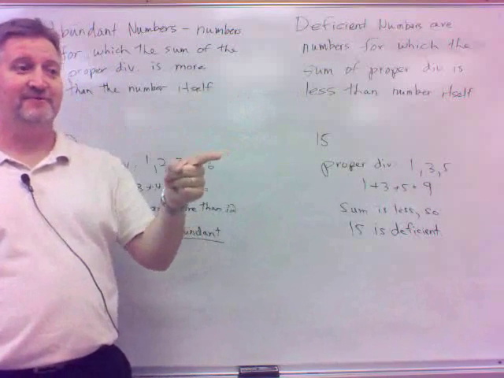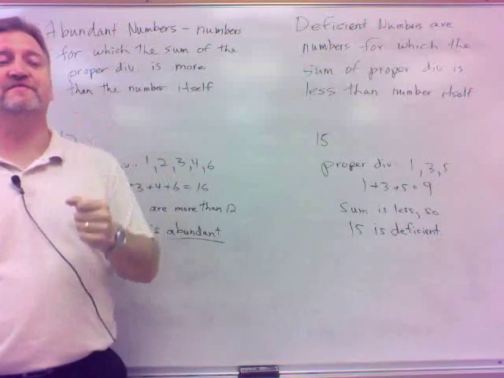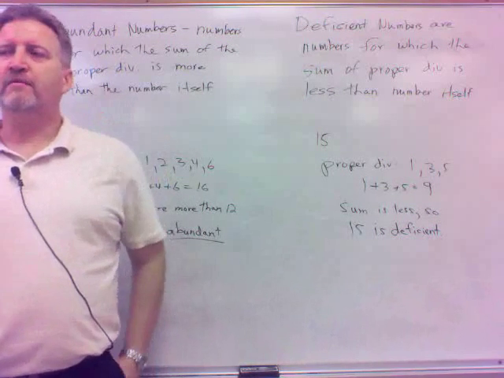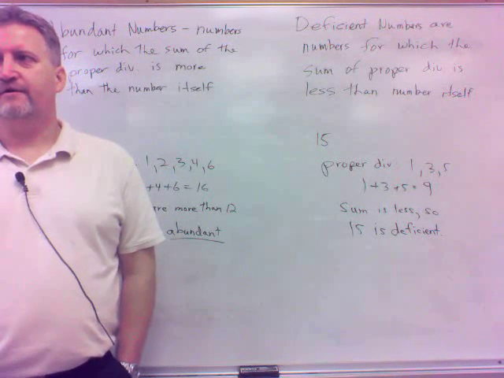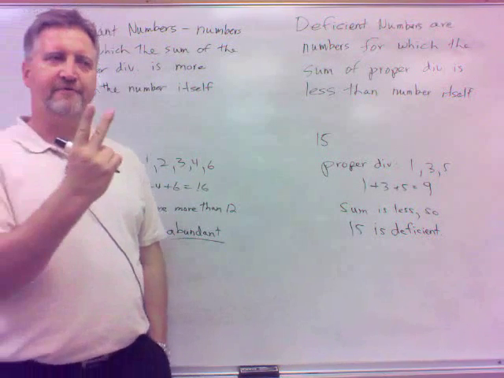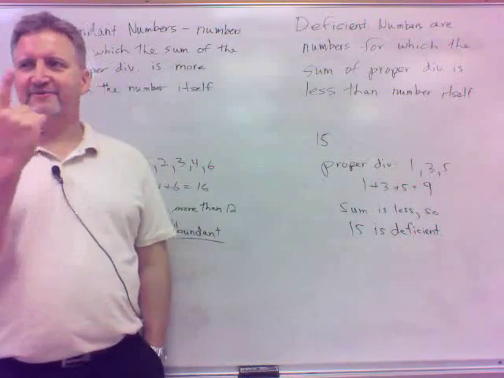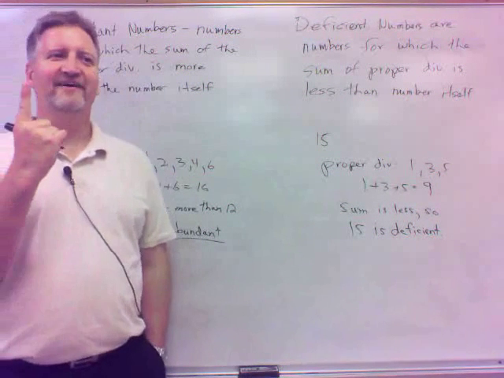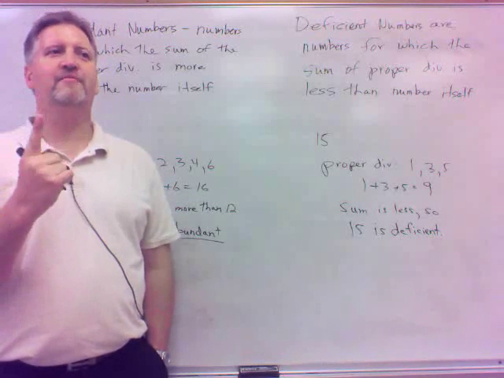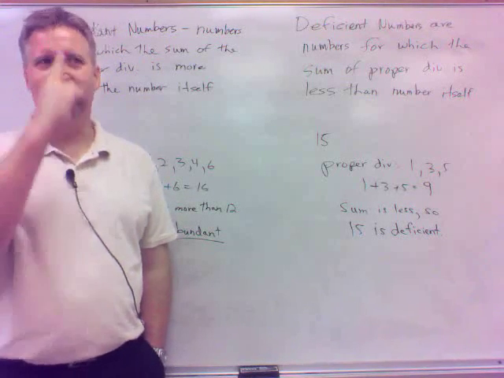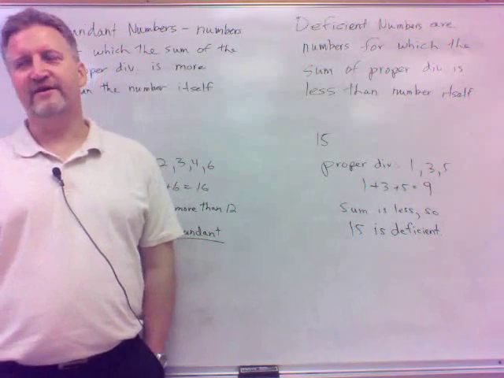Prime numbers. Wouldn't prime numbers always have to be deficient? Because for prime numbers, you only have 2 factors. And if we're talking proper divisors, that gets rid of one of them, doesn't it? What's the proper divisor of any prime number? The only proper divisor of any prime number is 1. And so it's always going to be deficient.